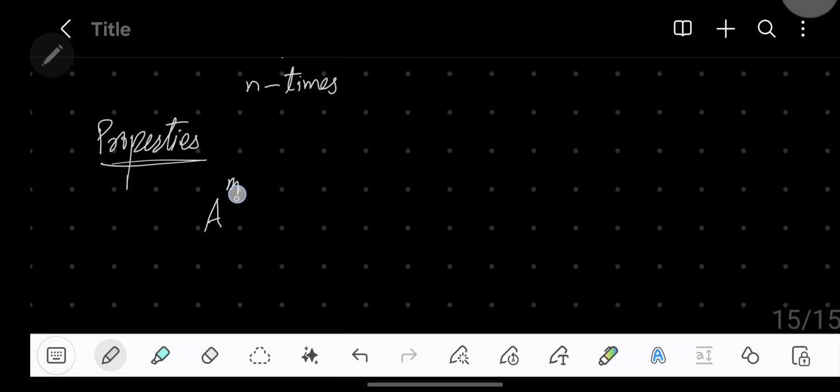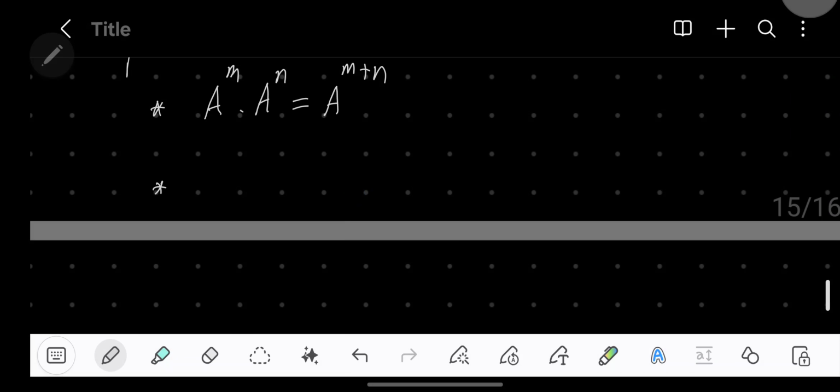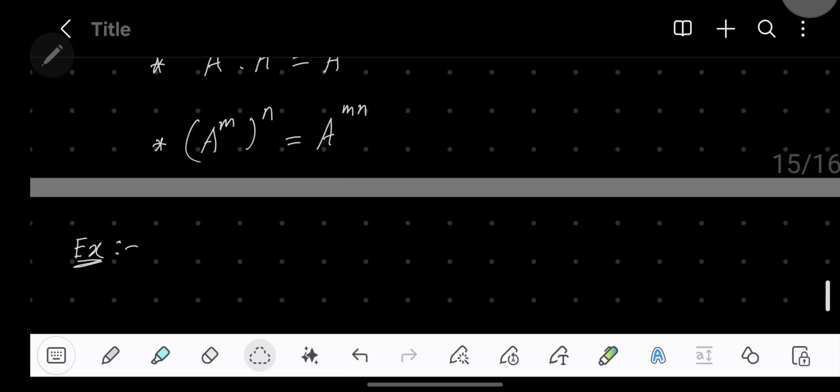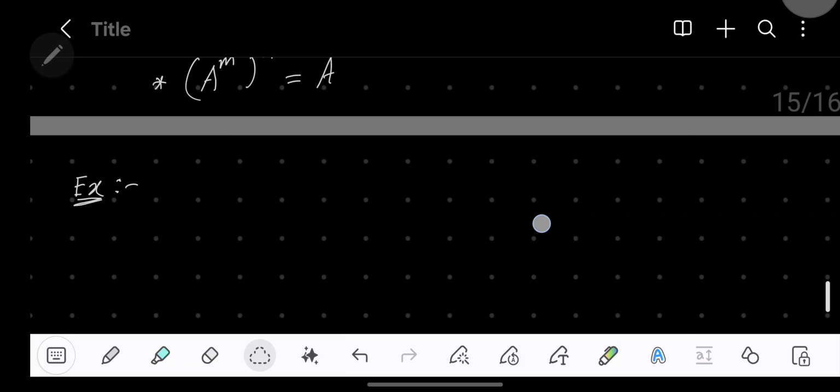Now we have some properties of the power of matrices. If you have A to the power m times A to the power n, then you can write A to the power m plus n. Secondly, if you have A to the power m to the power n, you can write A to the power m times n. Look at an example.